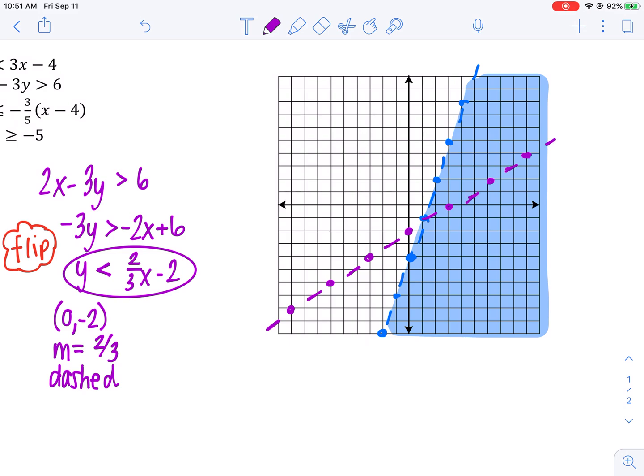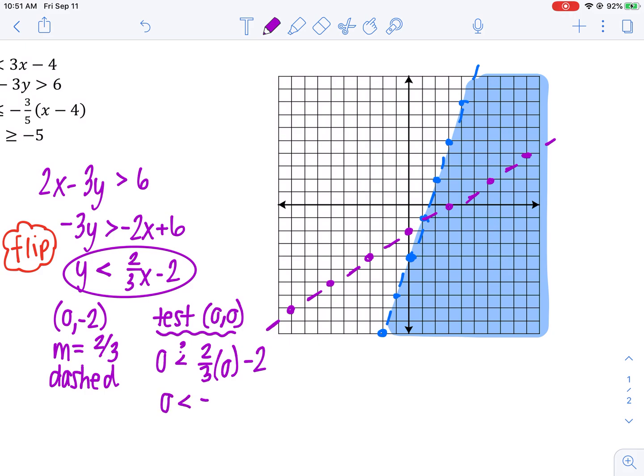You're ignoring the blue. Now, again, you can look at the idea of test point. So you could test 0, 0, which I will show you here. So I'm plugging in, is 0 less than 2/3 times 0 minus 2?